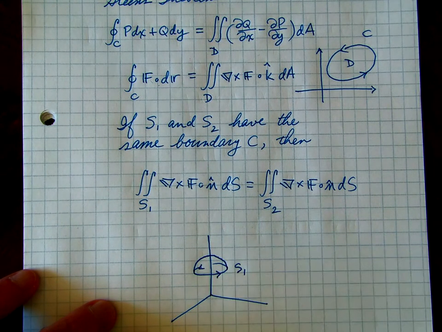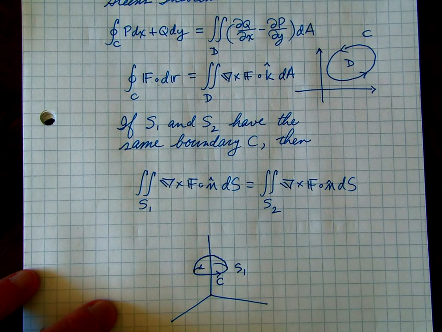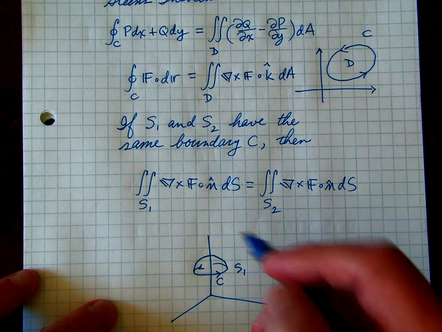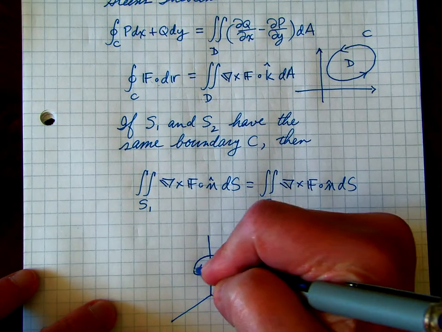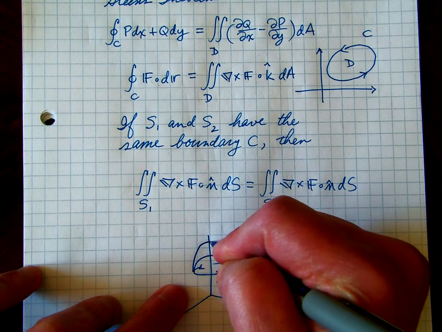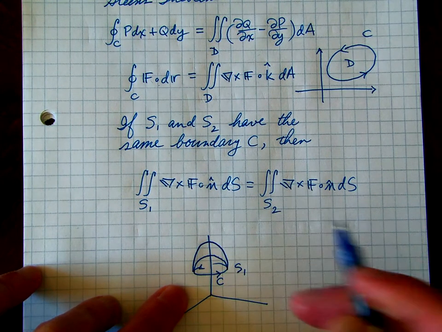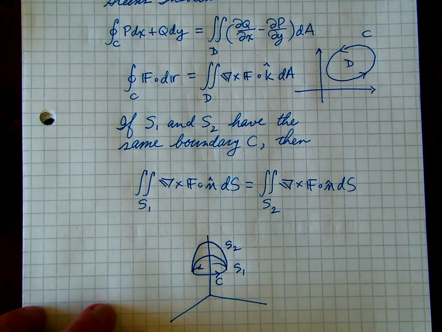Looks like it would be a circular, maybe elliptical, but it would have a nice oriented boundary. And unit normals would bristle upward from it. But suppose I use the same boundary C and instead I build something else on it and call it S2. They would still have the same result.